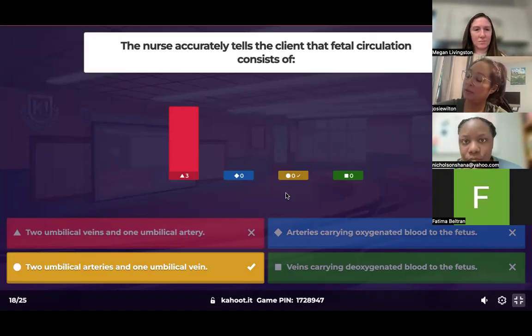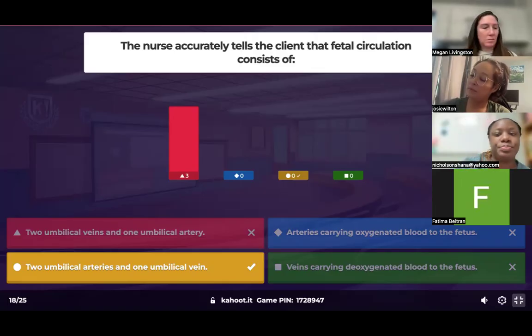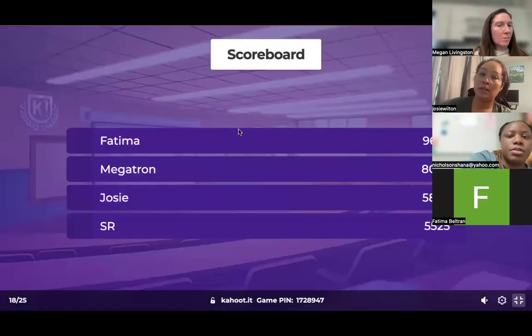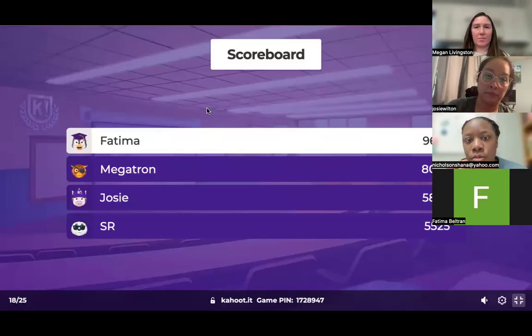So I would know which vessel carries oxygenated blood, which is your vein, and the arteries are going to carry the deoxygenated blood and waste. So you said oxygen from placenta to baby. Yes, and that is carried by your umbilical vein.